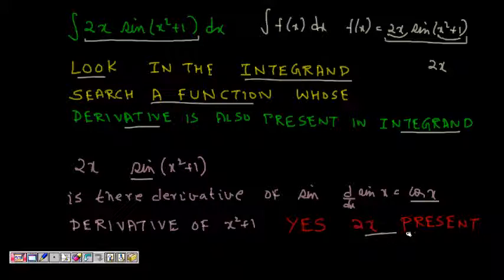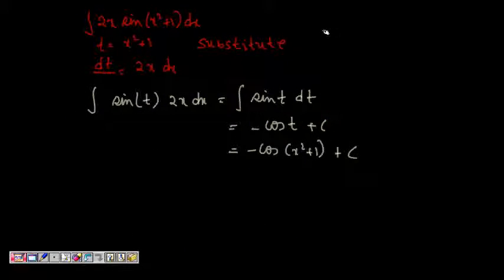That's good. But what to do with this? We substitute t = x² + 1, so that dt is 2x dx. Now we know that dt is 2x dx.